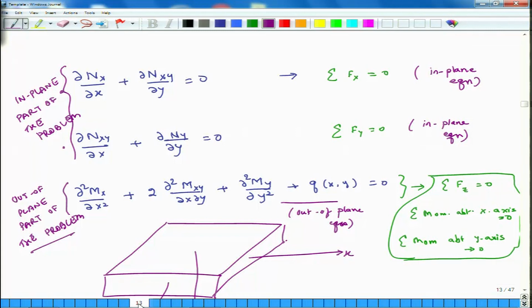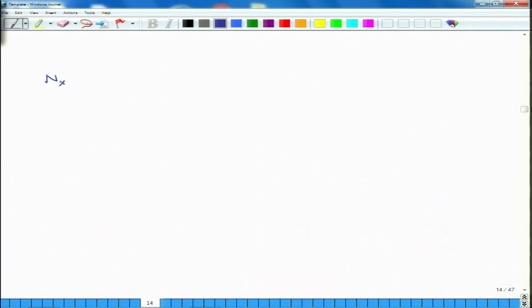Now, in plane part of the problem involves nx and nxy and nxy and ny. In plane part of the problem means these first two differential equations which involve only nx, nxy and ny. Out of the plane problem involves mx, mxy and my and q. Now, let us look at nxy, nx. From our ABD equations, what is nx?